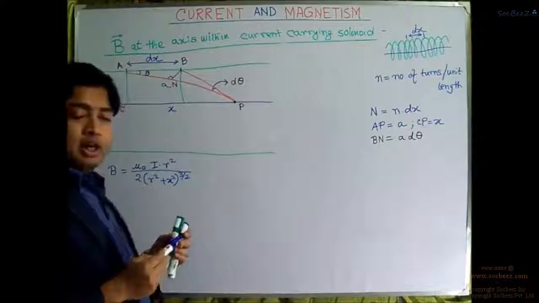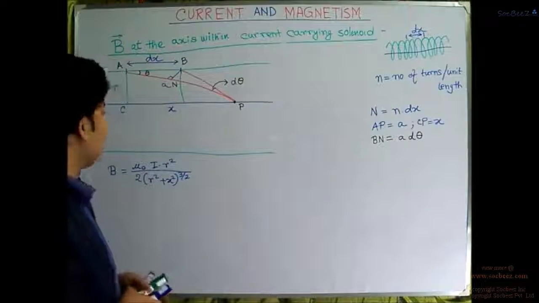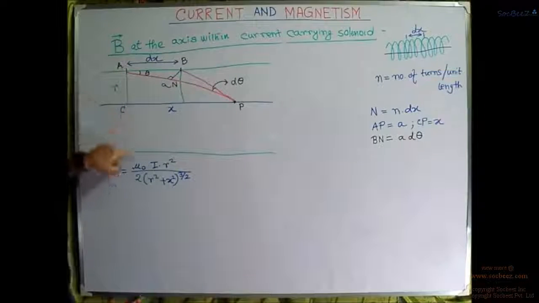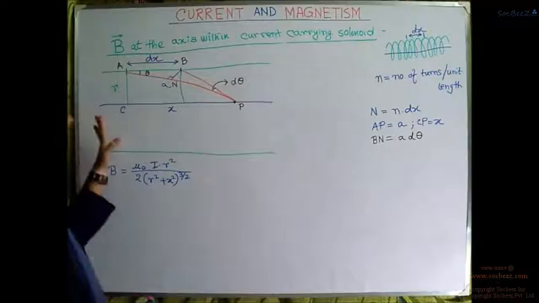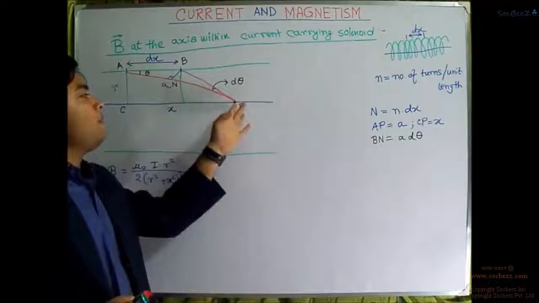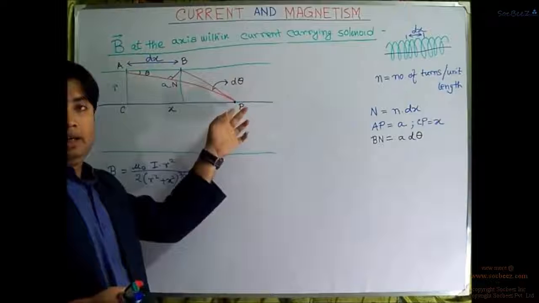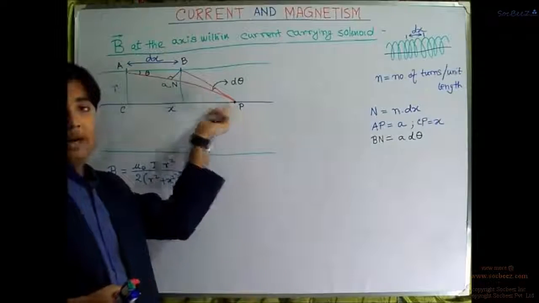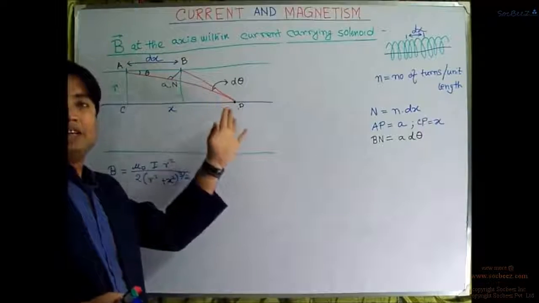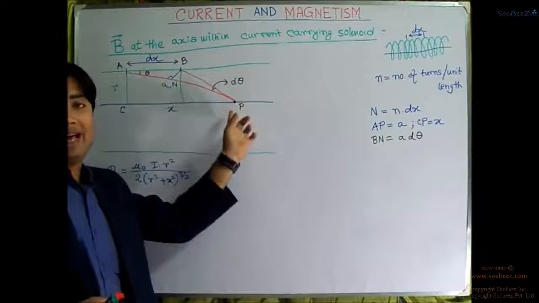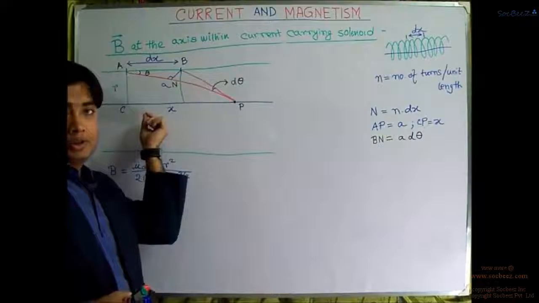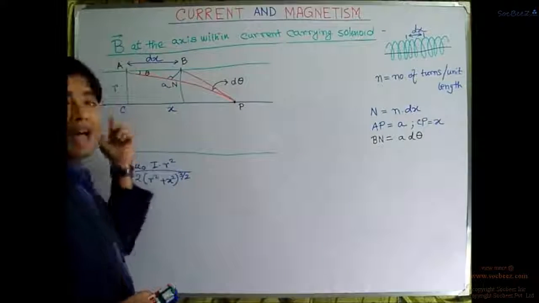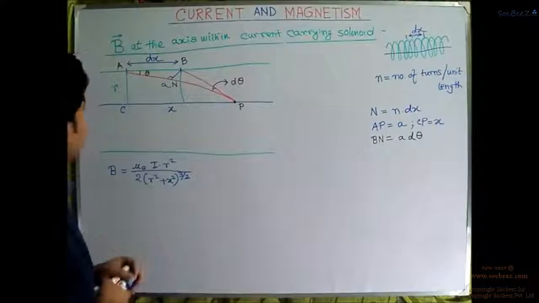We have seen it in the previous lecture, taking the instance that there is only one coil, and we found out the magnetic field intensity at a point on the axis separated by a distance of x from the center of the plane of this coil.